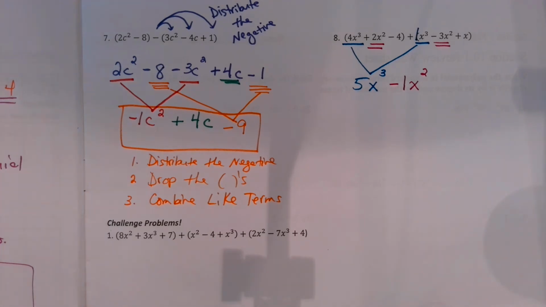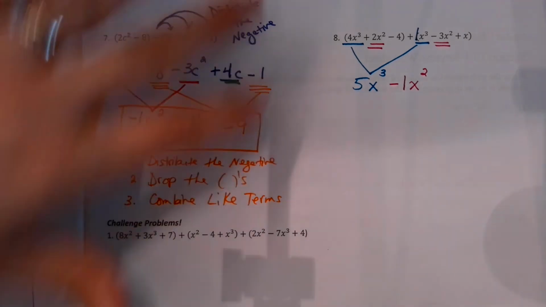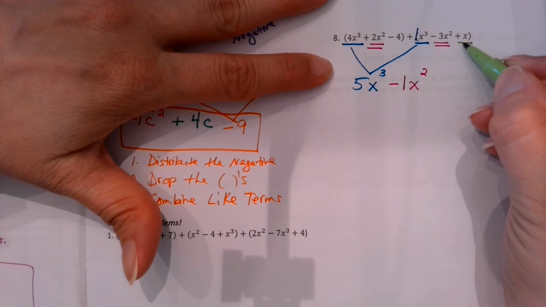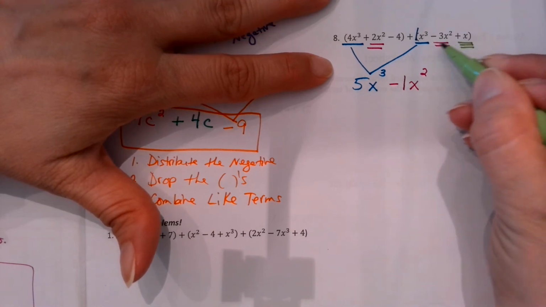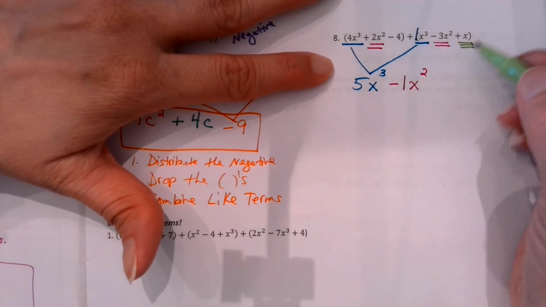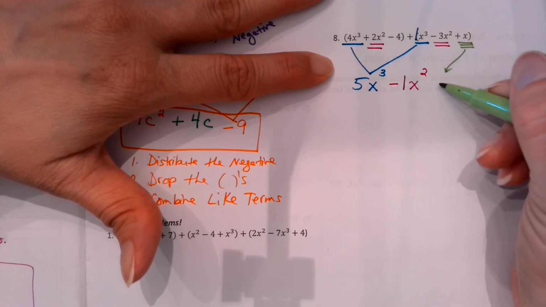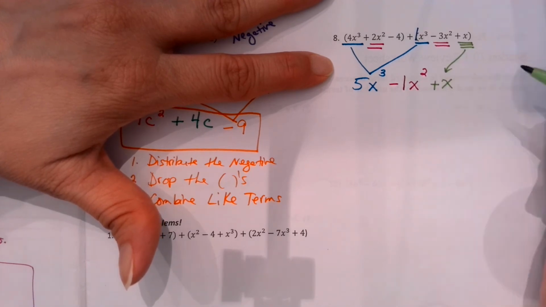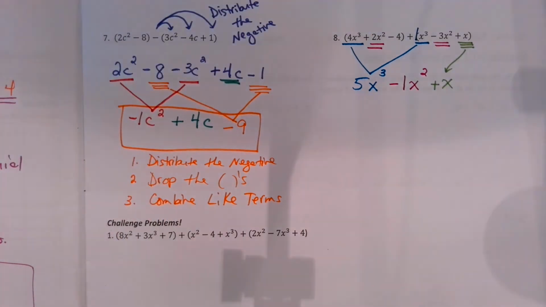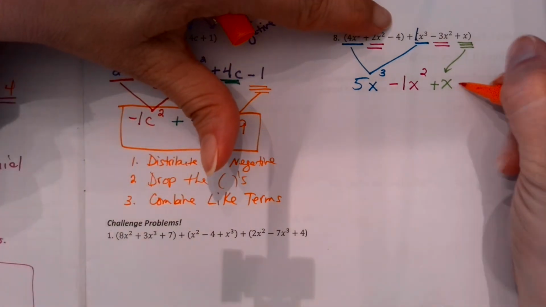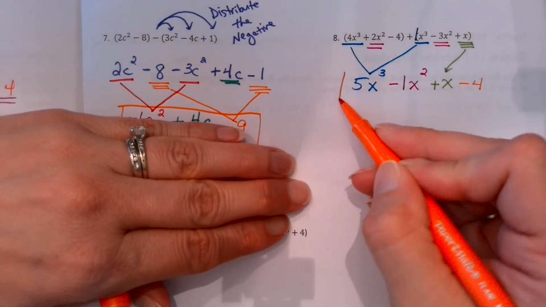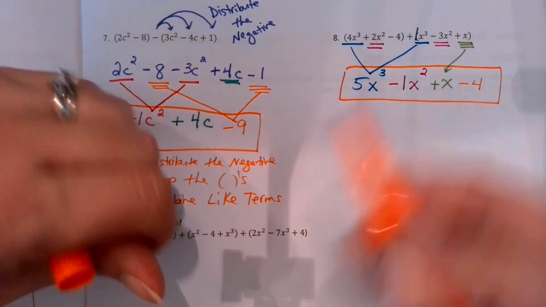And finally, we have our constants. Oh, I'm sorry, the linear terms. We have plus x, and there's no other terms to add him to. So we're just going to go ahead and write him by himself. And then at the end comes the constant minus 4. Okay? And that's going to be our final answer.